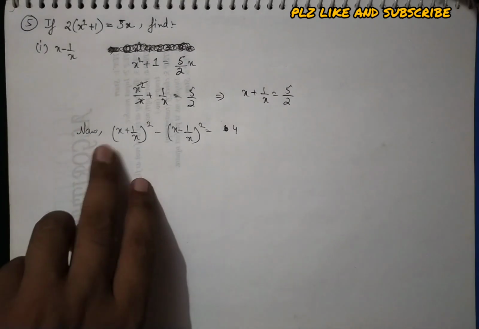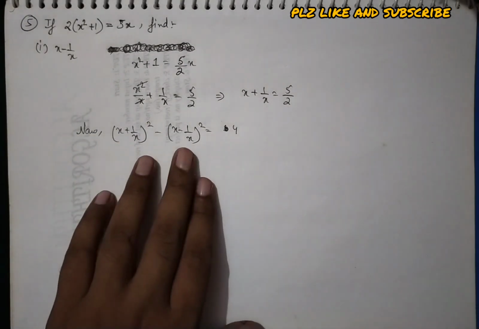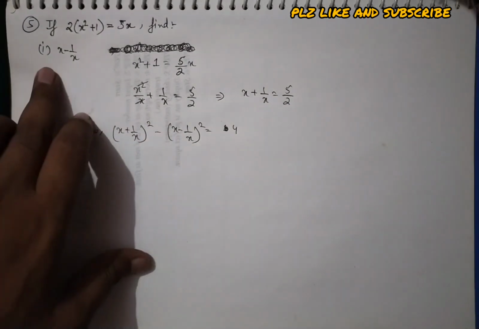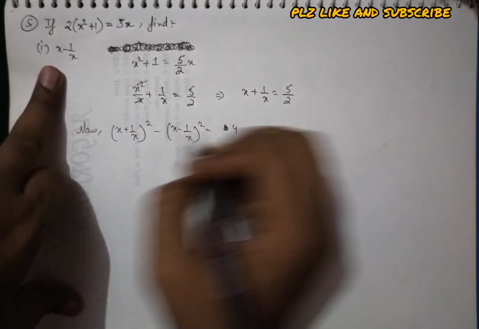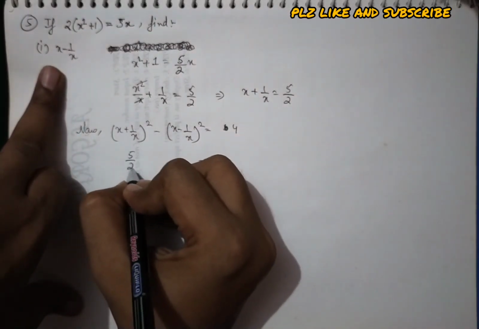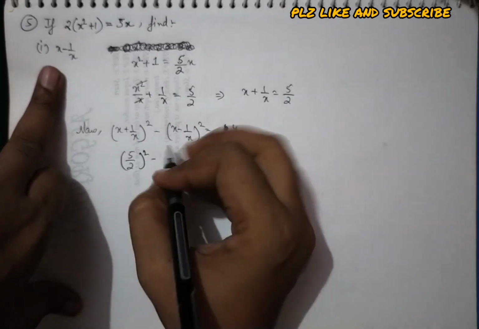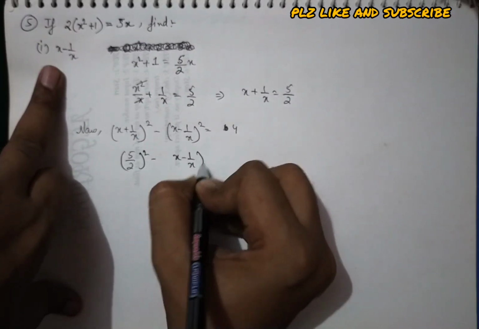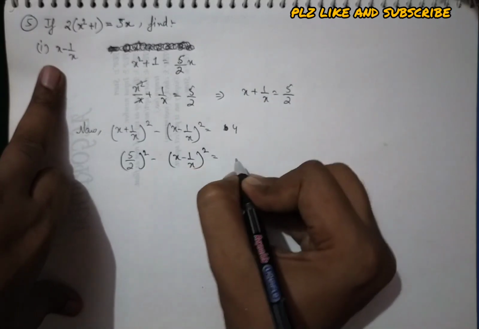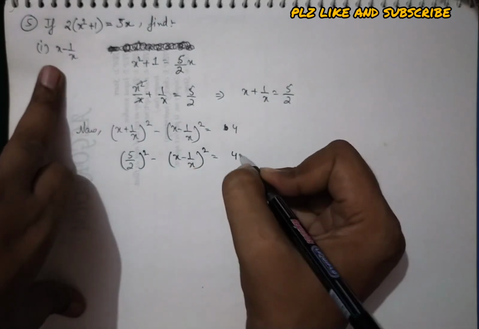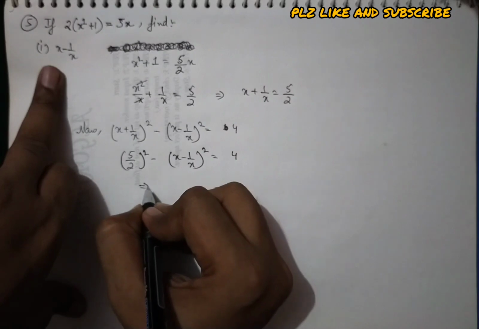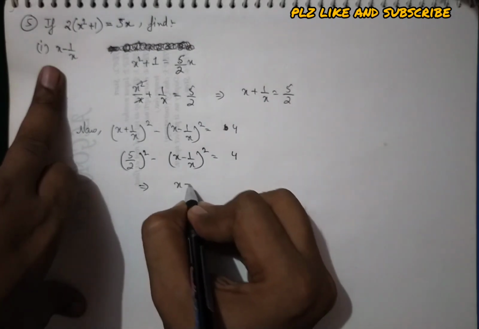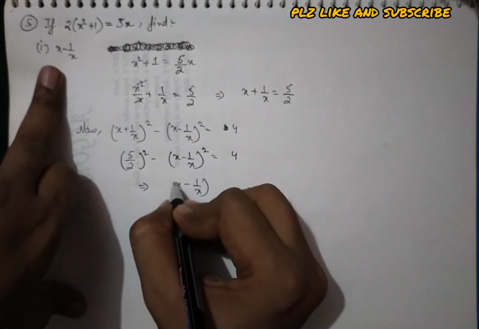Now here x plus 1 upon x to the whole square minus this, we can use this one to find this. Place the values: 5 by 2 to the whole square minus x minus 1 upon x to the whole square equals 4. Now make a transpose, and you can write this one as x minus 1 upon x to the whole square.